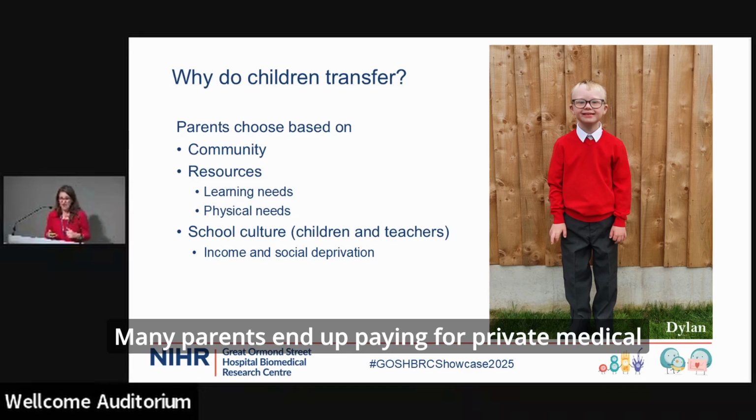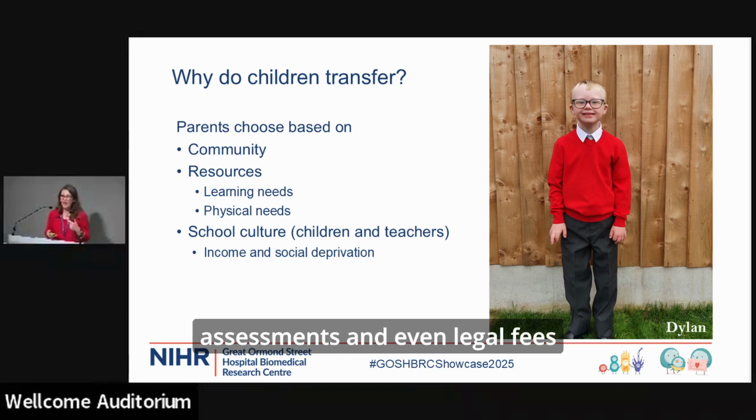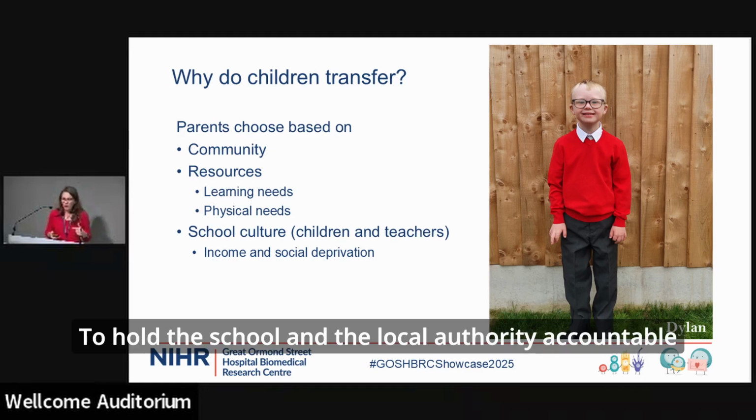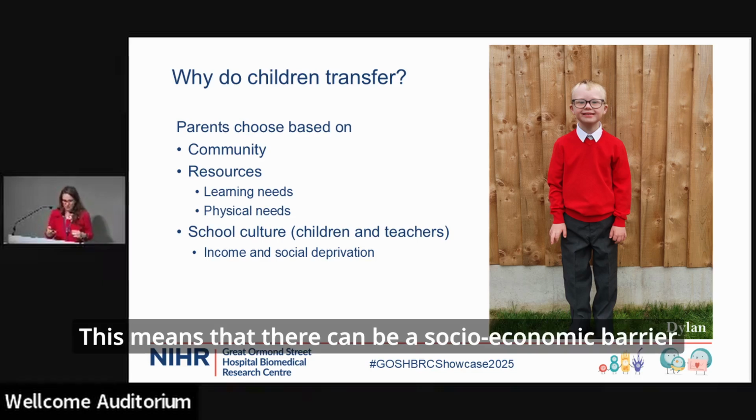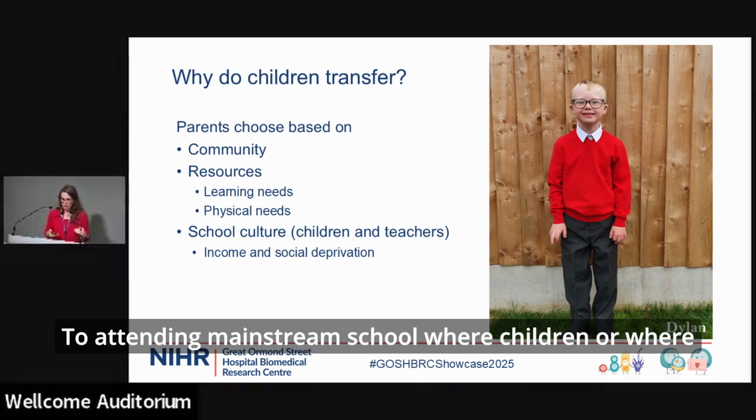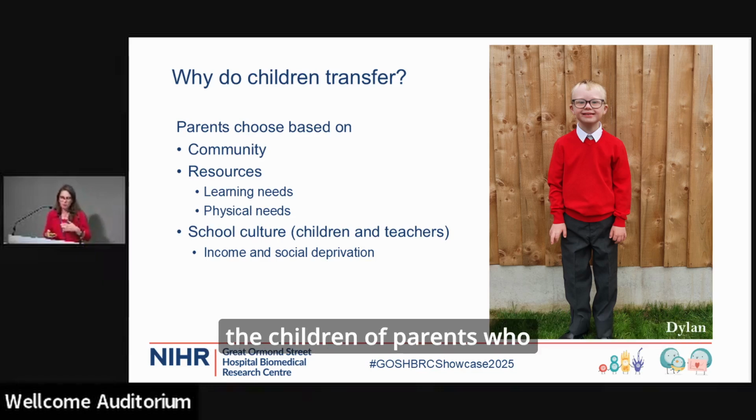Many parents end up paying for private medical assessments and even legal fees to hold the school and the local authority accountable to provide for their child's needs. This means that there can be a socioeconomic barrier to attending mainstream school, where the children of parents who cannot afford the time or money to advocate on their behalf are not able to go to their local school.